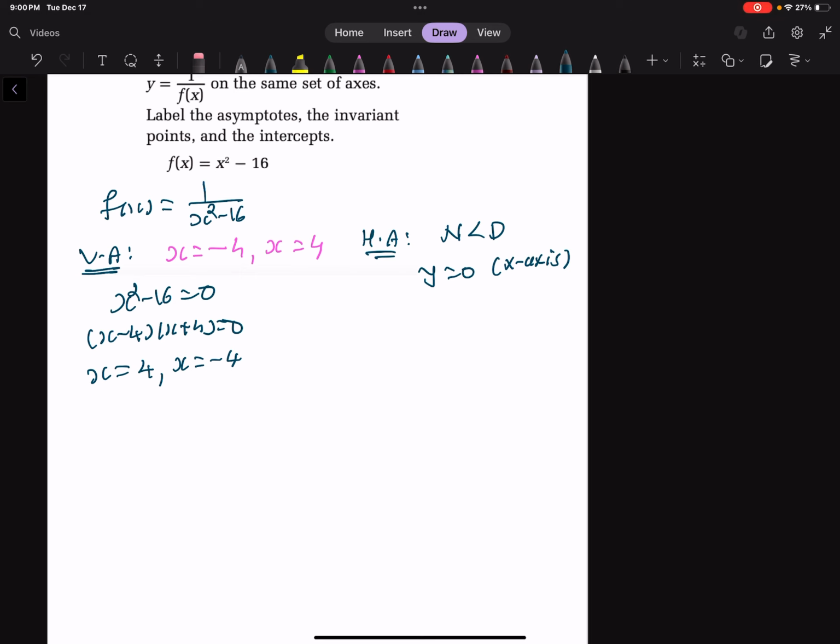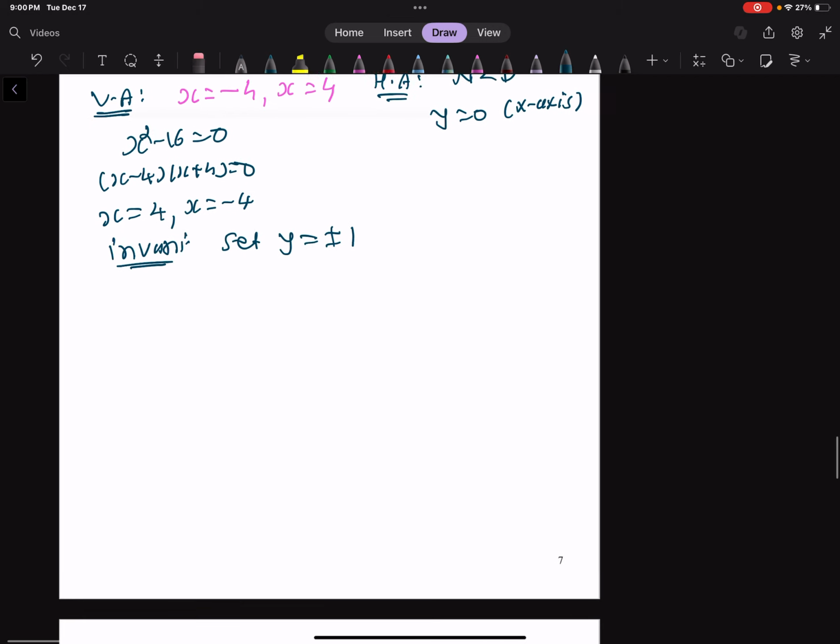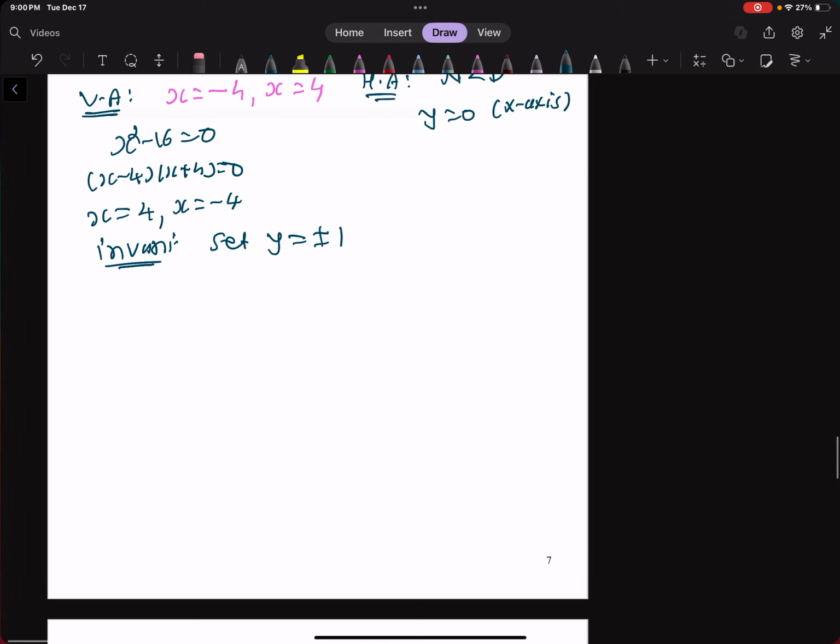For the invariant points, as we know, we have to set y equal to plus or minus 1 in the reciprocal function. So your reciprocal function is y equals 1 over x squared minus 16. Set y equals positive 1, and y equals -1.